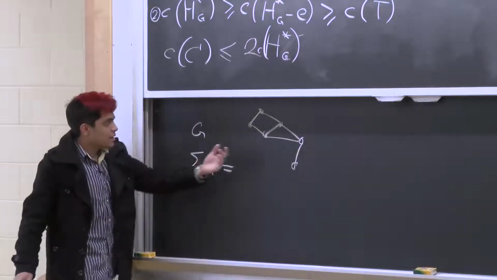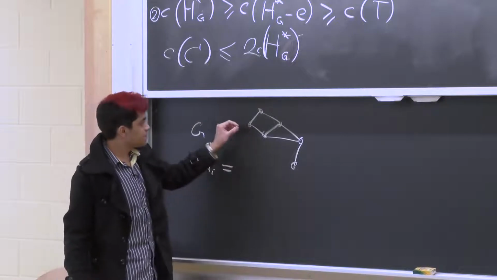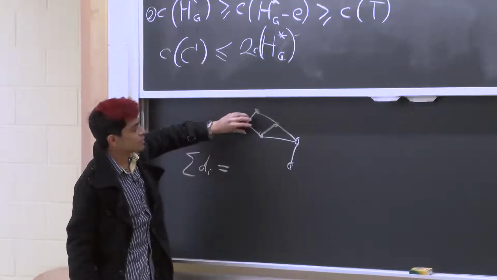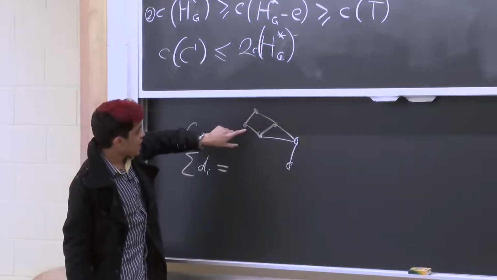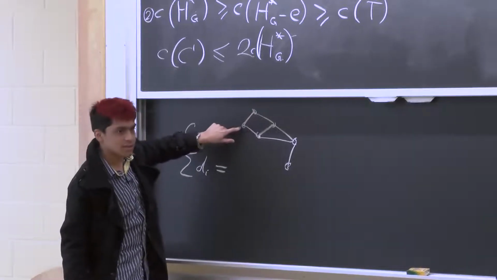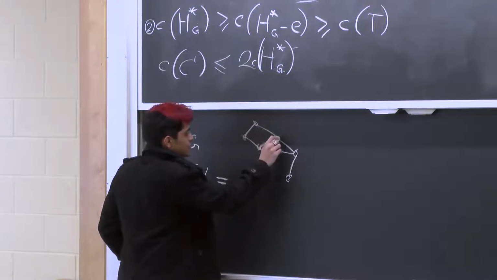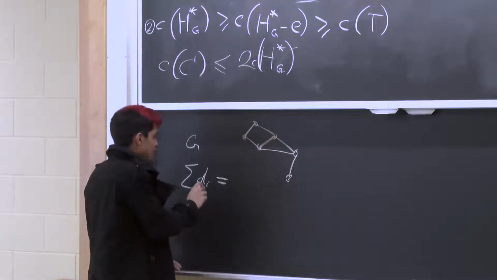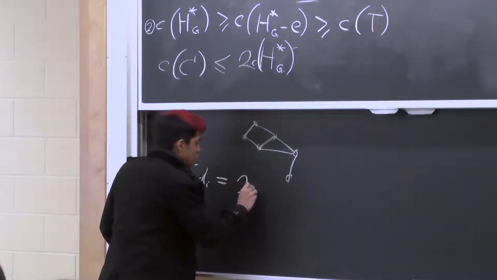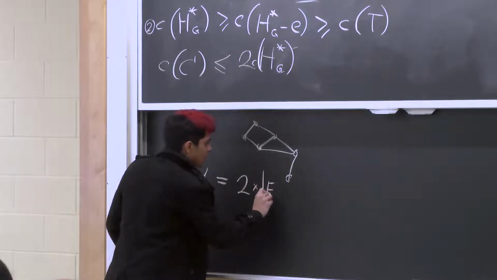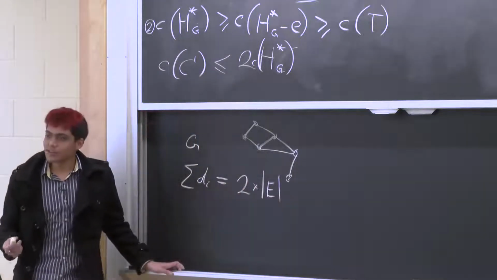Now, if you count the degrees of every vertex, you're basically counting the number of edges coming out, which means that every edge is counted twice. Once for this endpoint, once for this endpoint. So this edge is counted twice for here and here. This edge is also counted twice. So basically, the sum of the degrees is nothing but 2 times |E|. Does that make sense? Right?